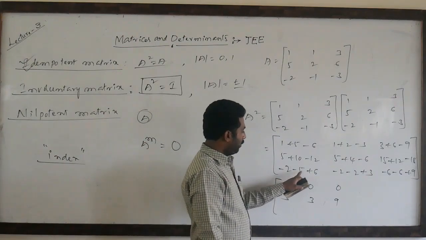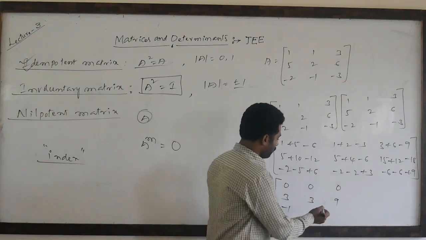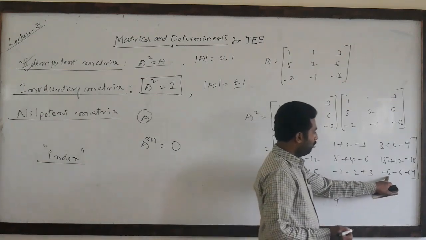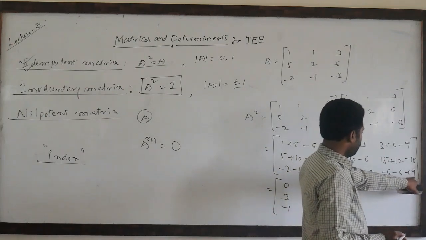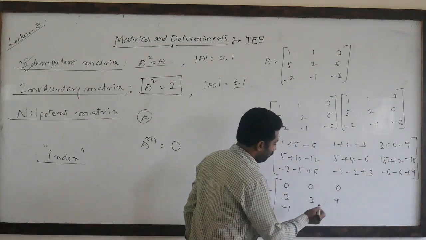Next, minus 7 plus 6, minus 1. Minus 4 plus 3, minus 1. Minus 12 plus 9 means minus 3.